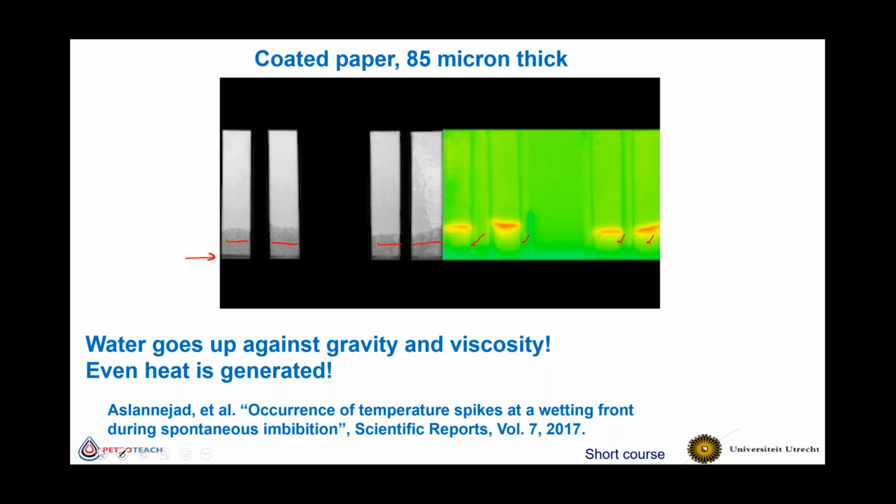And the reason is that within this paper we are replacing the air-solid interface with a water-solid interface. The interfacial energy of the air-solid interface is larger than that of the water-solid interface. So when it is replaced, it releases energy. And that is the energy that is behind pulling the water up against viscosity and even creating heat.